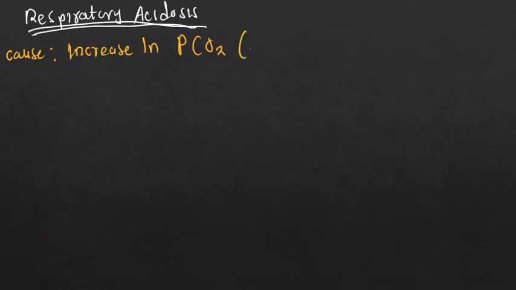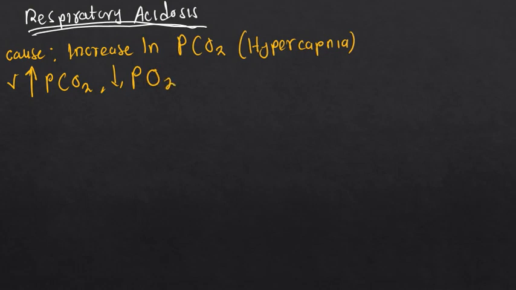An increase in the partial pressure of carbon dioxide means a decrease in the partial pressure of oxygen, which leads to hypoxia.